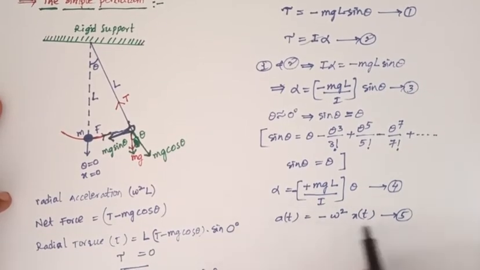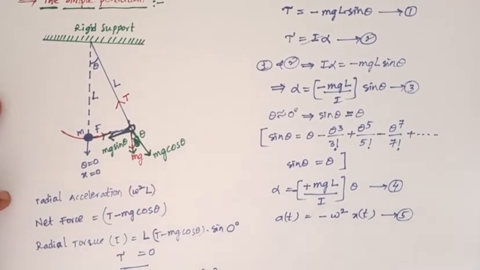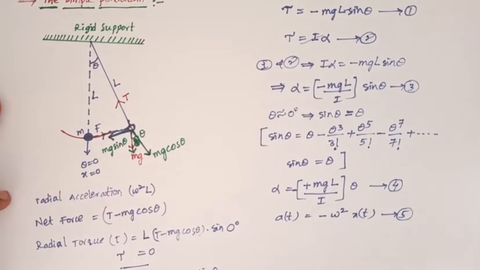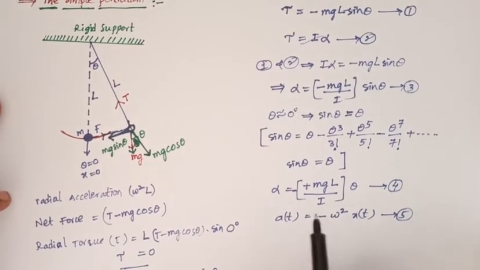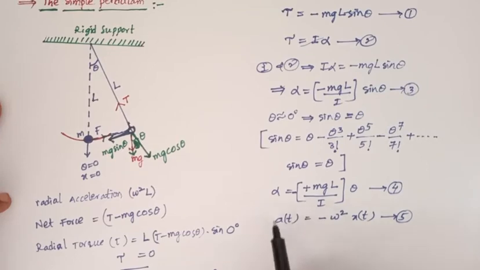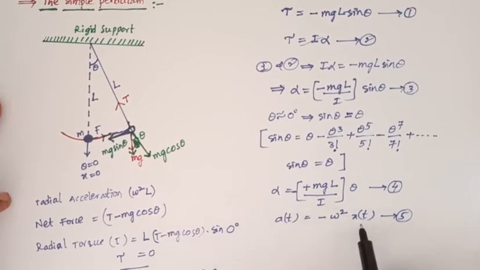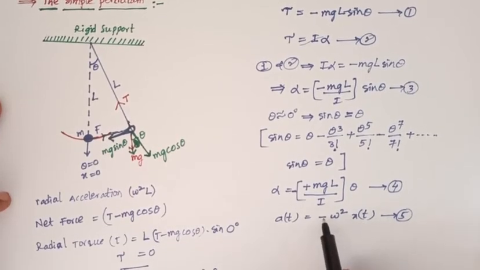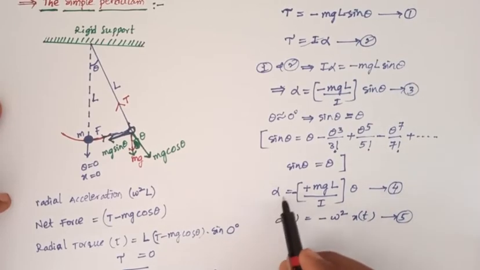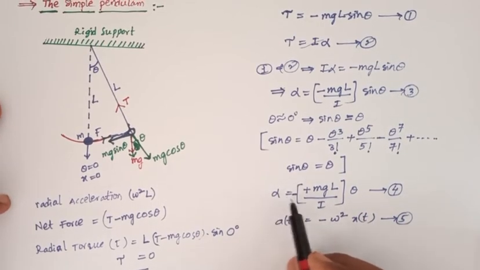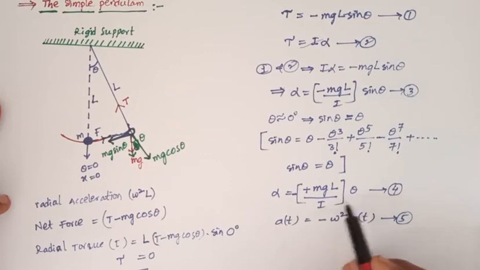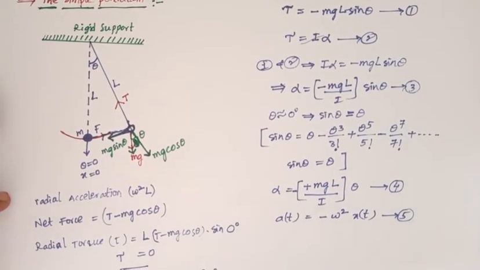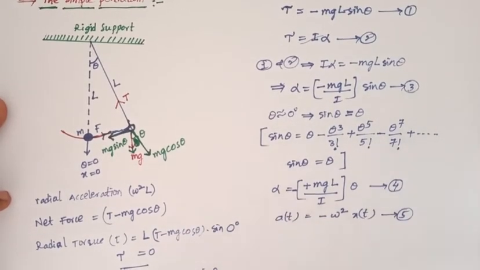For a spring, it is to and fro motion, and the acceleration of a block or a particle is directly proportional to the displacement and in the opposite direction. Likewise, the angular acceleration is directly proportional to the angular displacement and in the opposite direction. Both denote simple harmonic motion.